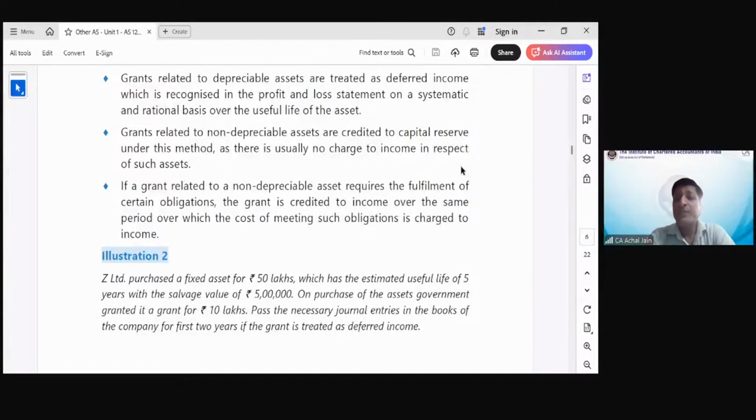On purchase of this asset, government gave a grant of 10 lakhs. Again, a similar thing. It appears to be repetition. Pass the necessary journal entries in the books of the company for the first 2 years, if the grant is treated as deferred income. Here again, the question is giving you the solution.